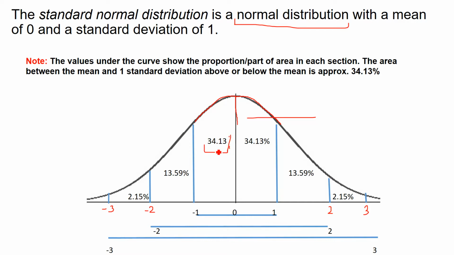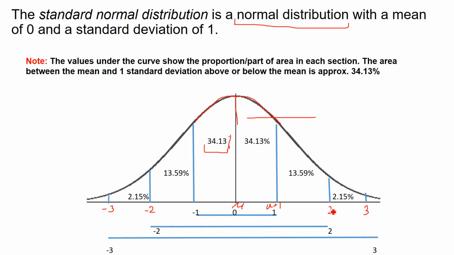34.13% on the left hand side and on the right hand side, if you have a standard deviation of 1. So in total, from -1 to +1 around the mean, or here we can write mu plus 1, because the mean is represented by mu.